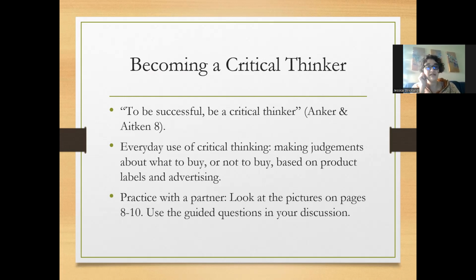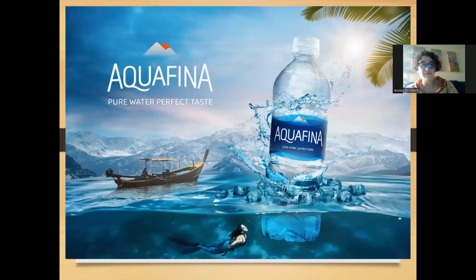Everyday use of critical thinking is making judgments about what to buy or not to buy based on product labels and advertising. So if you take a look at this photo, what do you see? Clear, pristine water. This water, Aquafina water, is pure water with a perfect taste.